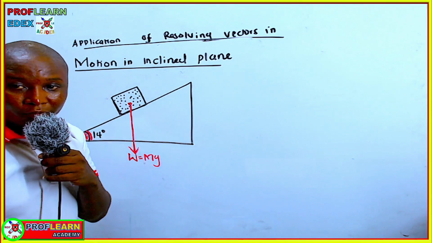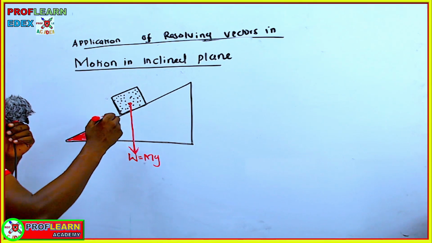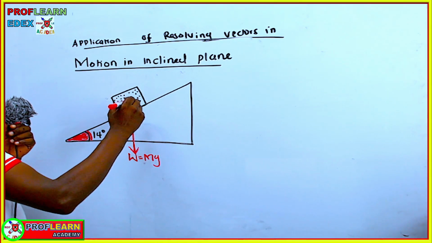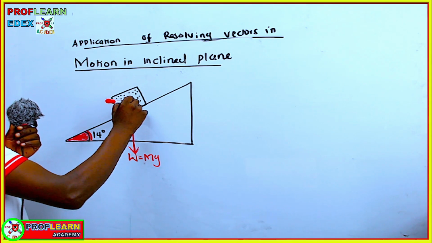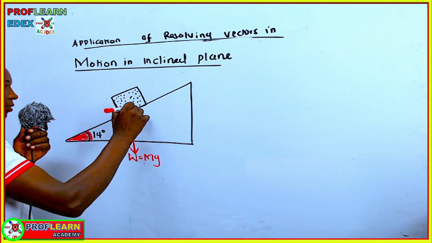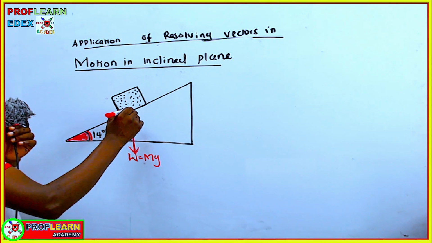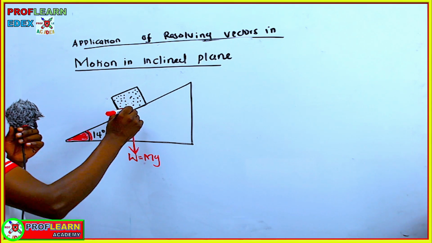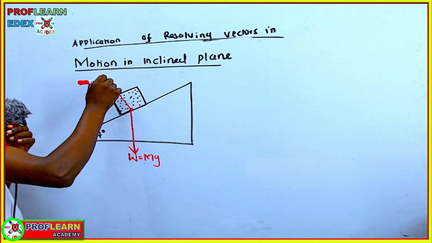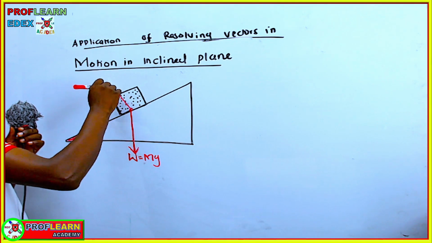Another force involved in motion on an inclined plane is the force that is perpendicular. Also, let me just put all these forces acting from that point. The force that is perpendicular to the plane, that is the normal force, and the normal force is perpendicular to the inclined plane, like that.